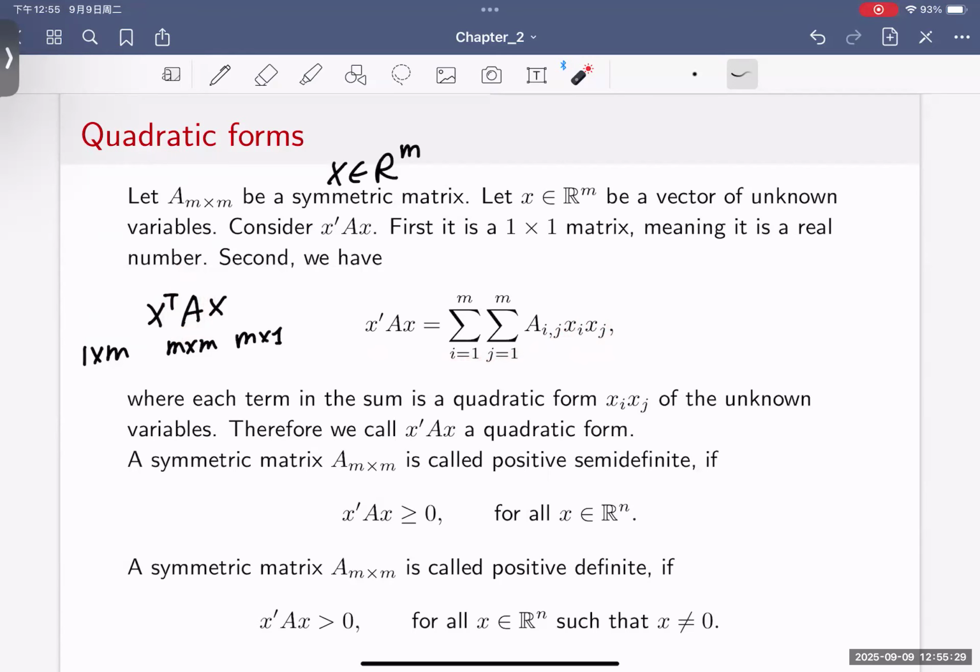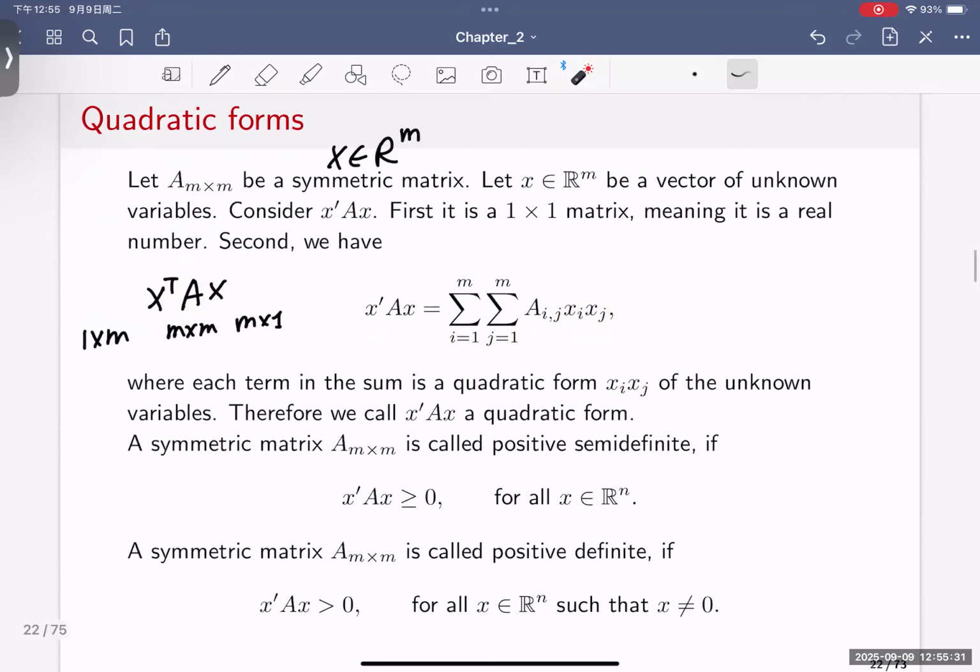Sometimes this quadratic form also plays a role in showing the relation to the eigenvalues. Here are some properties of the quadratic form. If for every vector x we can guarantee that x transpose A x is always non-negative, we call matrix A positive semi-definite.